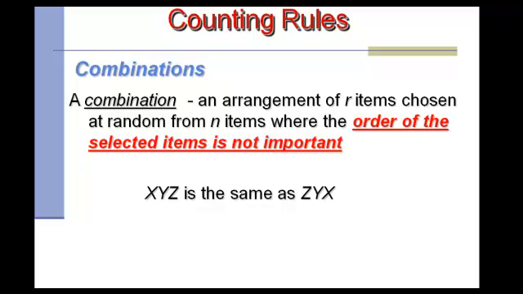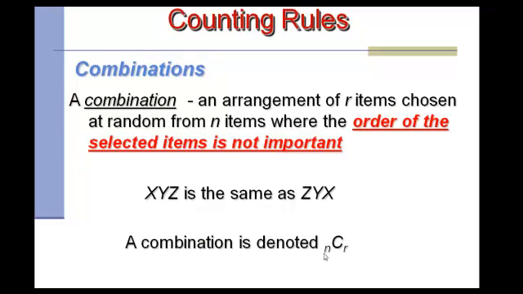A combination is an arrangement taking R items chosen from N items, and the order of the selection is not important. For example, XYZ is the same as ZYX.